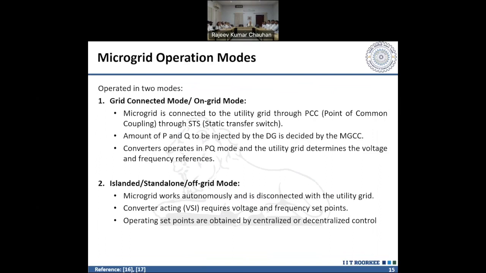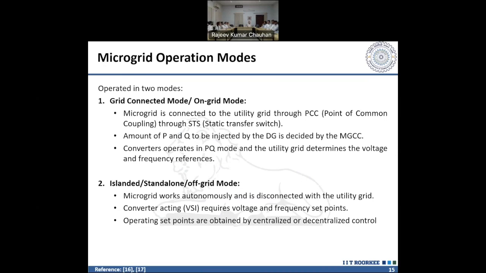So the microgrid is connected with the utility grid at the point of common coupling. So in case of the grid connected mode, the advantage here is that most of the control is done by the grid itself.